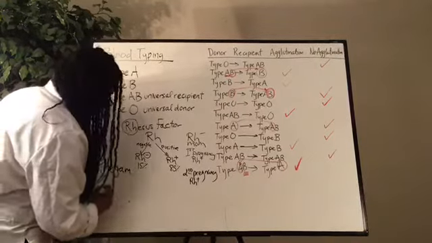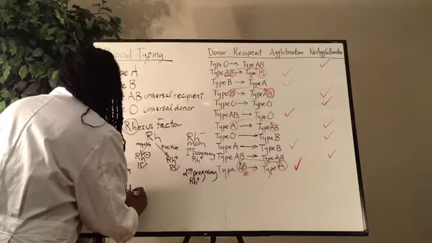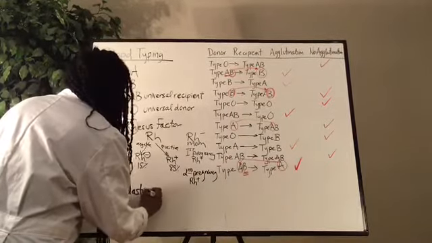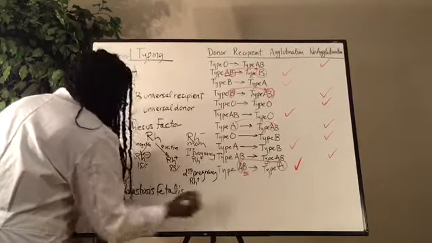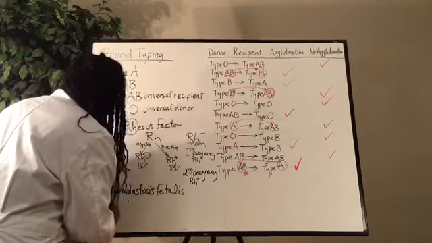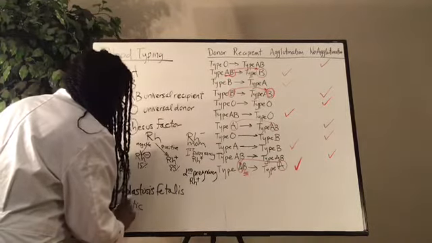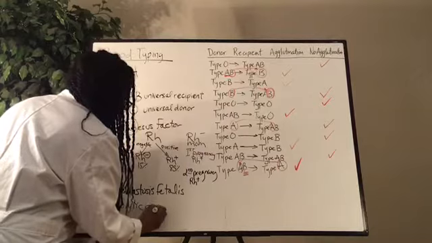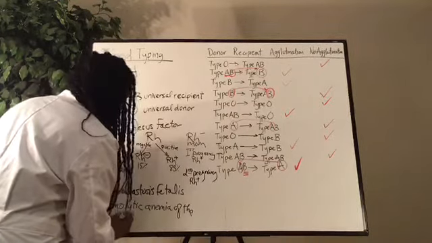And we call that erythroblastosis fetalis, also known as hemolytic anemia of the newborn.